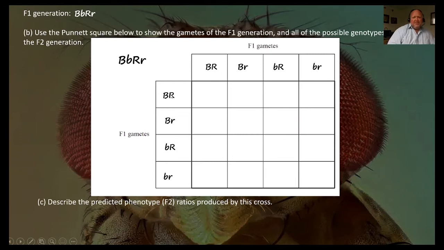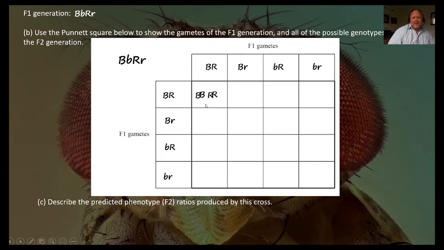Alrighty, so now let's start over here. If they're going to create an F2 generation, we need to drag this across. Let's start with this one. We put that across, leaving spaces so that I can write the ones that come down from the top.